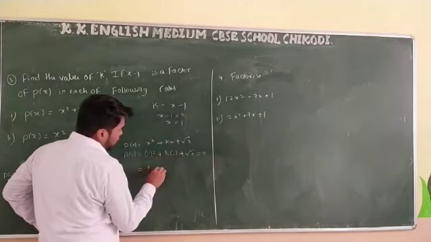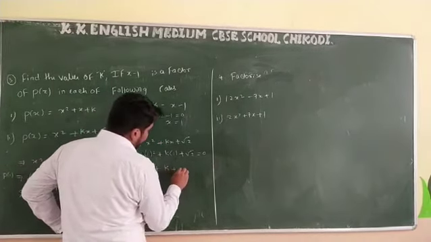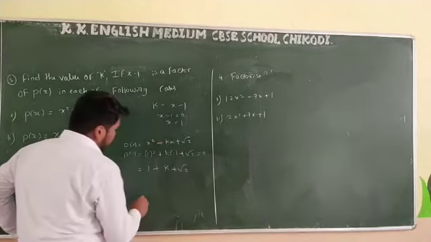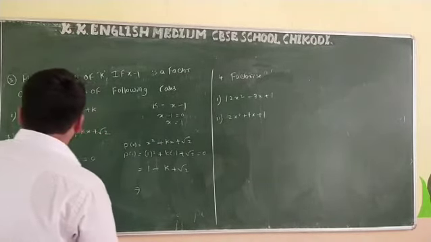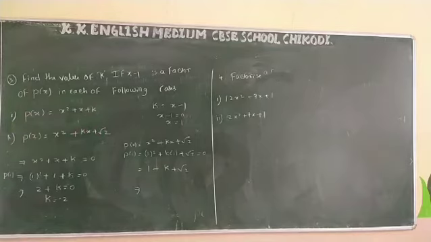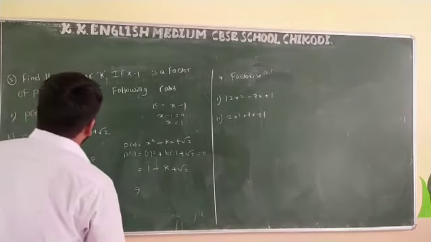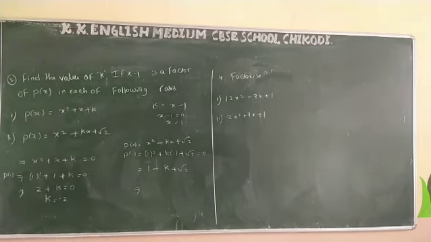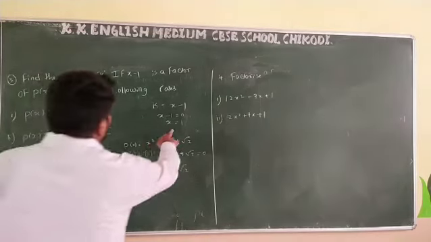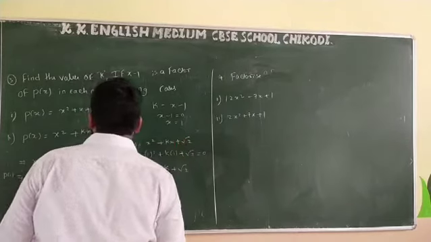So 1 plus k plus root 2. Instead of x, I substitute, x minus 1 equals 0 and x equals 1. Similarly, you have to substitute.